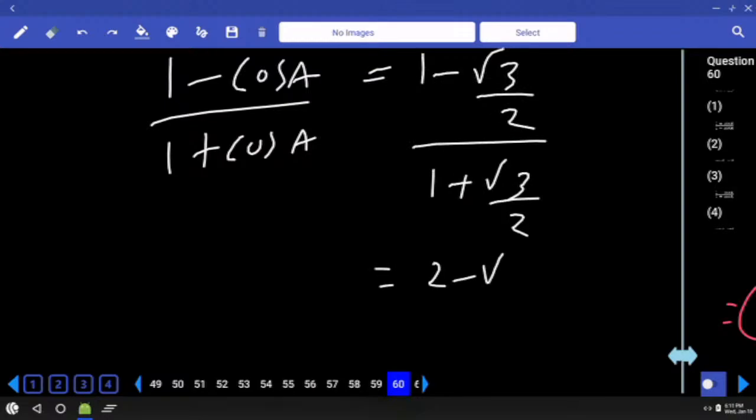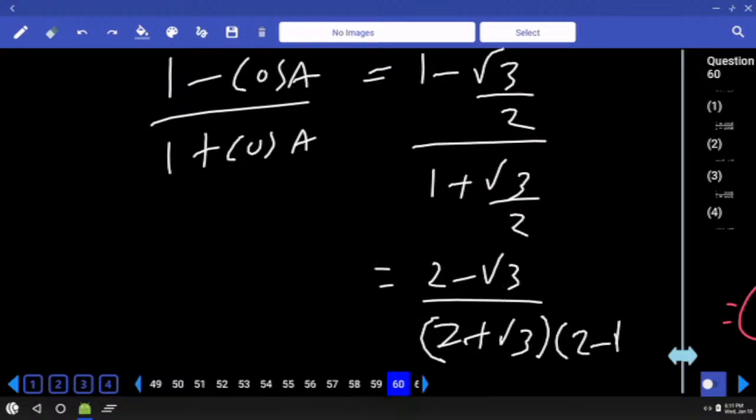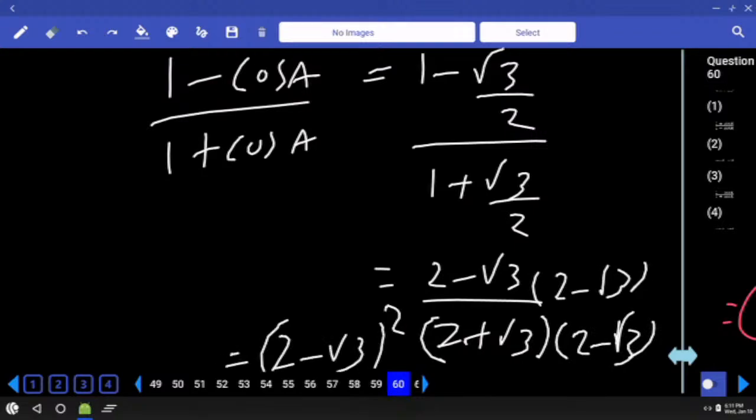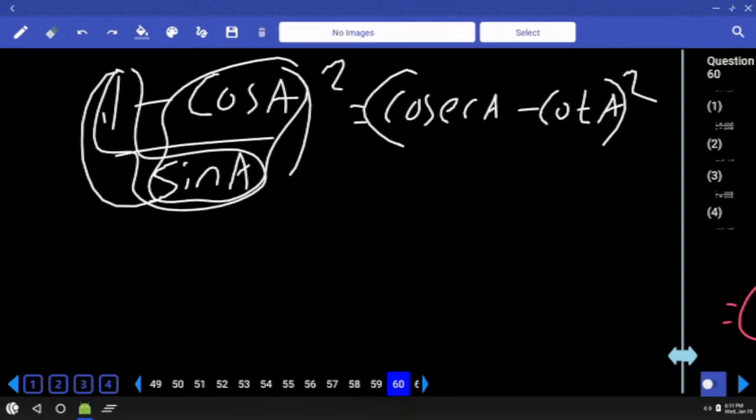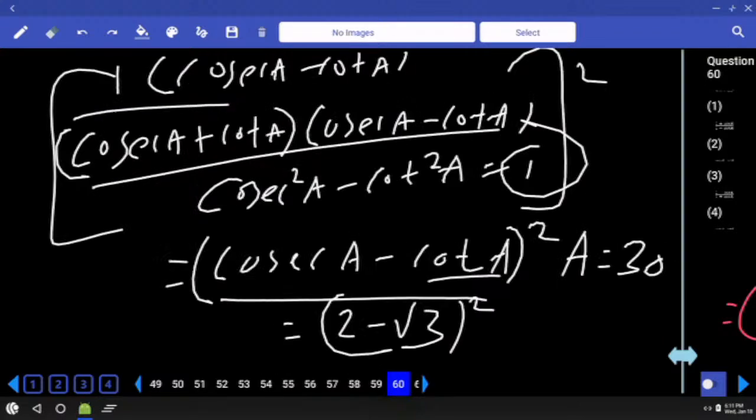This is 2 minus root 3 by, rationalize, if we rationalize this, 2 minus root 3 whole square. This is also one method. Same వచ్చింది కదా, we have got the same thing, right? Yes or no? So third option is your right answer. Is it clear?